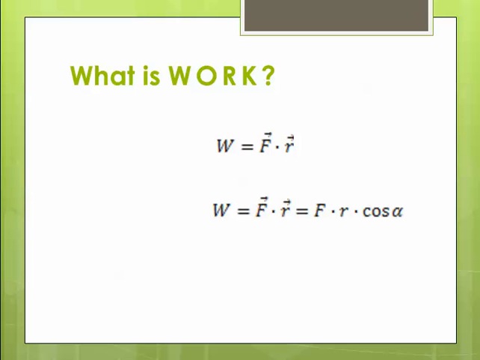So if force is pointing into the same direction as displacement, then work is just given by the magnitudes of force and displacement. It is just given by the product of force and displacement.